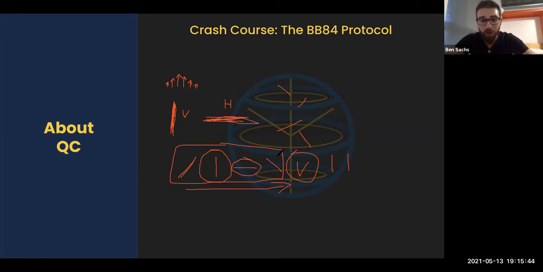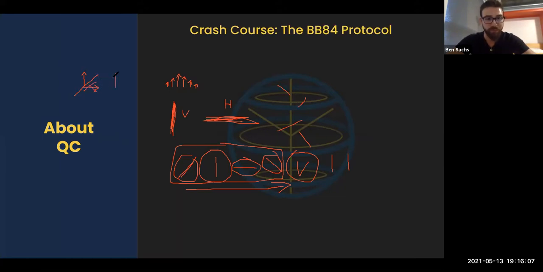Now, it gets a little more complicated when we're dealing with diagonally polarized photons. Normally, diagonally polarized light has a vertical and a horizontal component to it. If we pass it through that filter, we just get rid of the horizontal component and keep the vertical component.